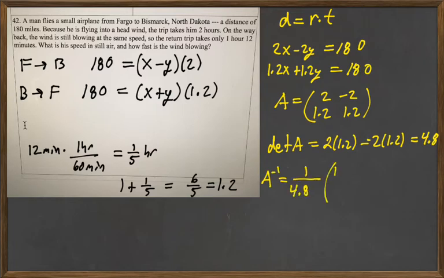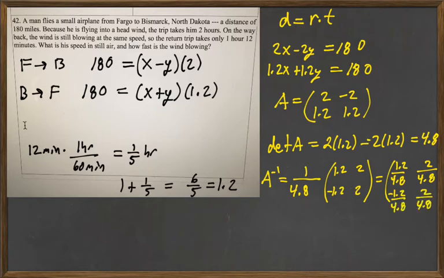Switch the 1.2 and 2 on the main diagonal, and the 1.2 and negative 2 on the other diagonal, with opposite signs. I'm going to leave the 4.8 in the denominator so I have a common denominator, and we'll worry about reducing later.